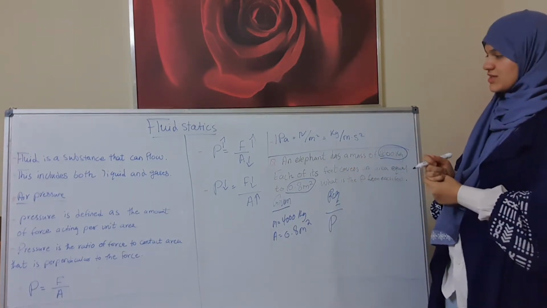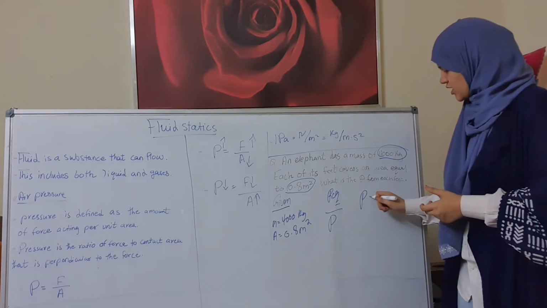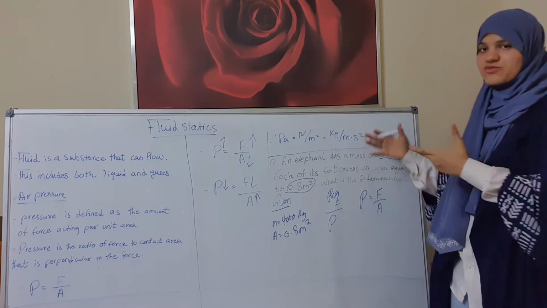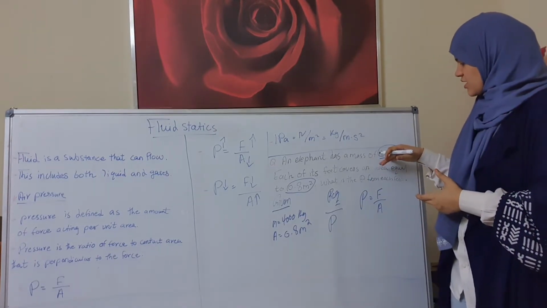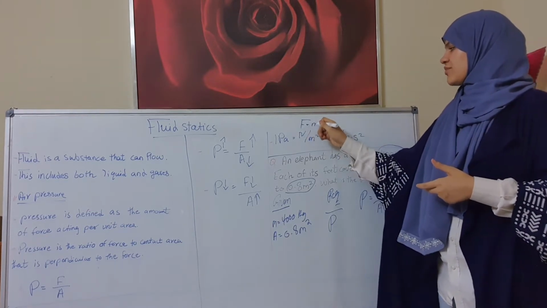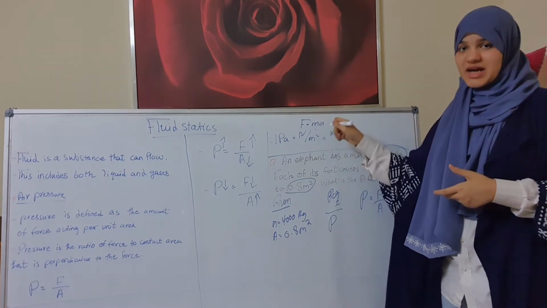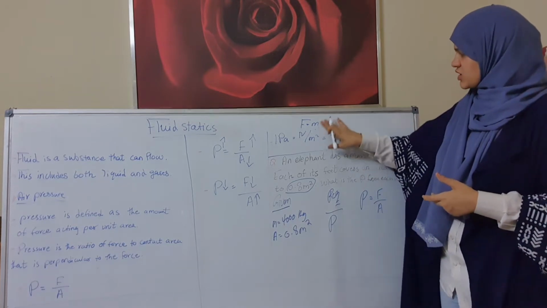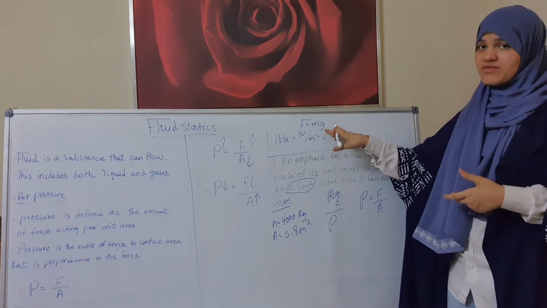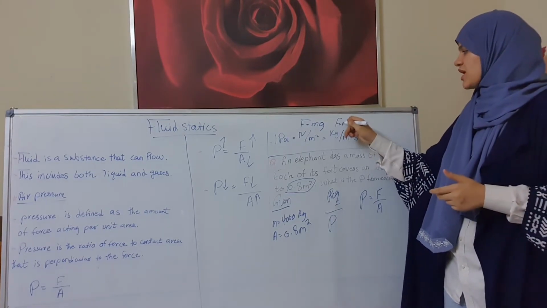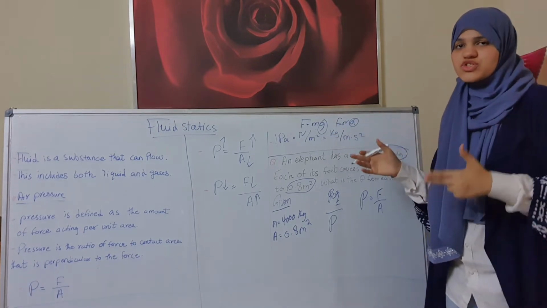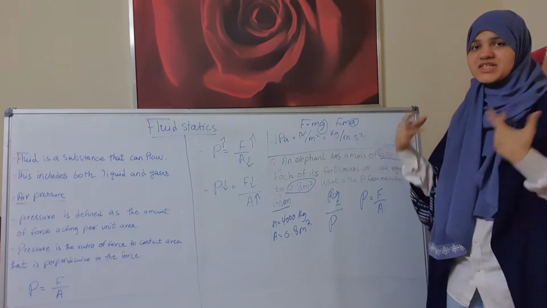So what is the solution? First of all, the formula of pressure is equal to force over area. But here we don't have force, we have mass. The formula for force is F equals ma, that means mass times g, mass times gravity, because a is acceleration and g have the same unit, meter per second squared.